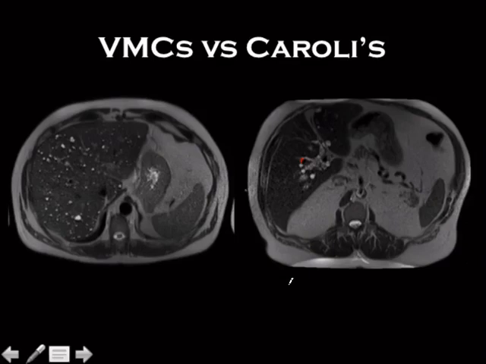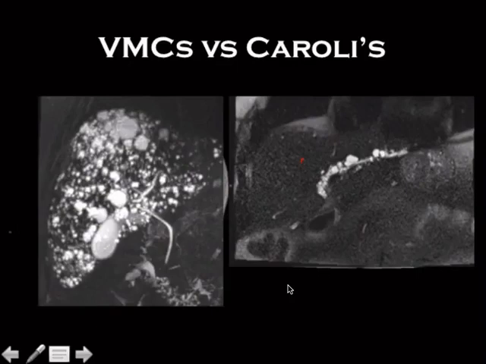The other thing they could do is just not put von Meyenburg complex on the list of distractors. That would be another strategy. But I would think that they would show you the duct. So here again, MRCP. This was our case that we saw before.